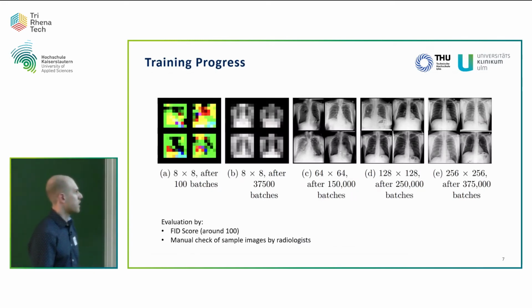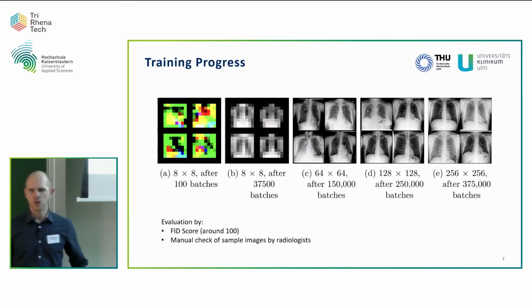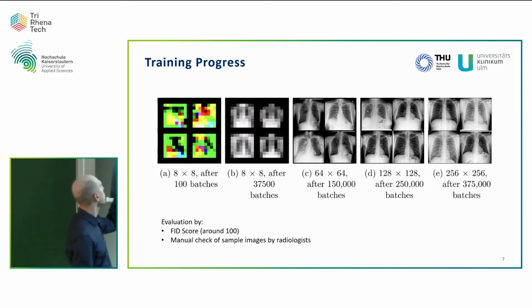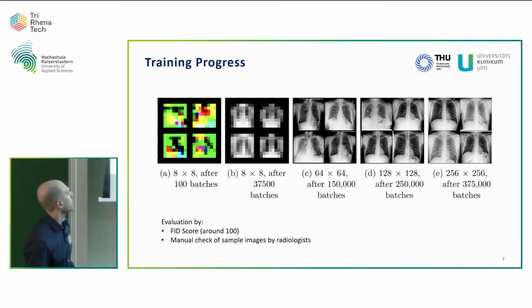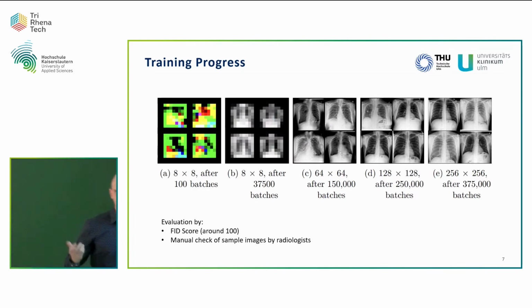Okay, how does the training progress look for these generated images? StyleGAN is a progressive growing of GANs variant, so we are growing the images by resolution in steps. We are starting with a very small resolution, which you can see on the left side. And you can see that the colors don't match in the beginning of the training because the model has no clue what an X-ray looks like, right?